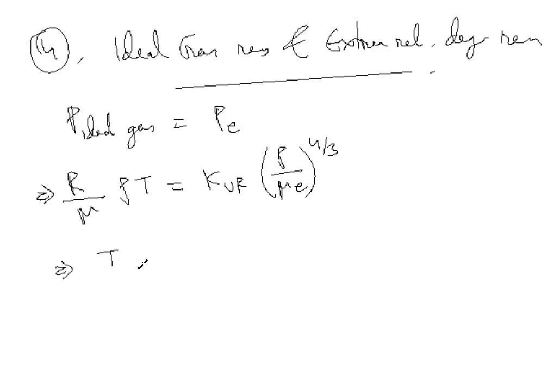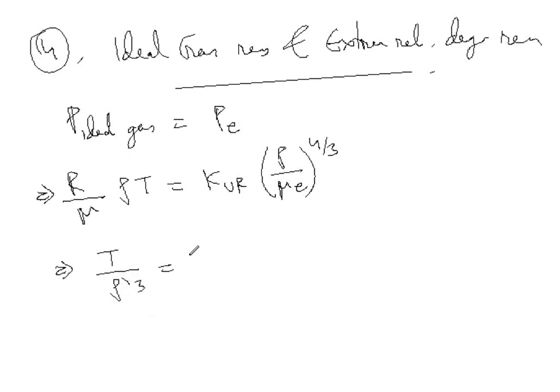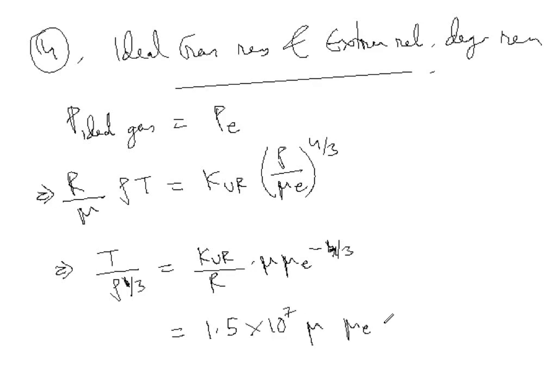So this means T by rho to the power 1 by 3 is equal to K UR by R mu into mu E to the power minus 4 by 3. This is 4. It has the value of 1.5 10 to the power 7 mu E to the power minus 4 by 3.